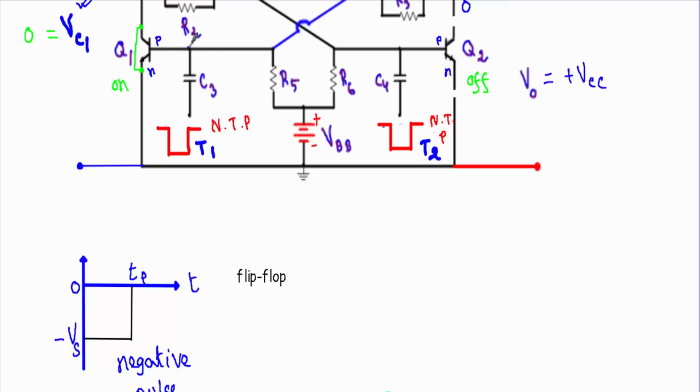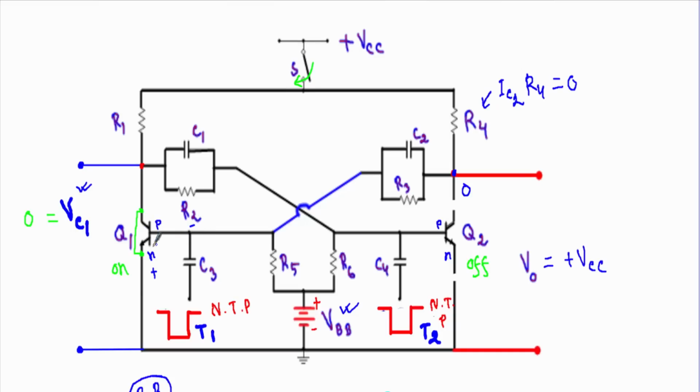Therefore it will override the effect of this VBB, and it will drive the base to emitter junction of the transistor Q1 in reverse bias, because if I apply the negative pulse, the negative terminal of this pulse will be connected with the p-type base, and the positive terminal will be connected with the n-type emitter. Therefore this base to emitter junction will be in reverse bias.